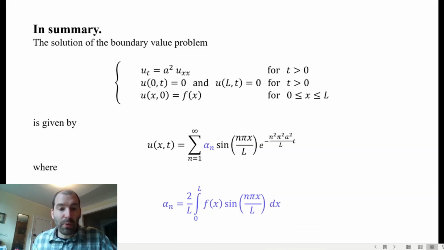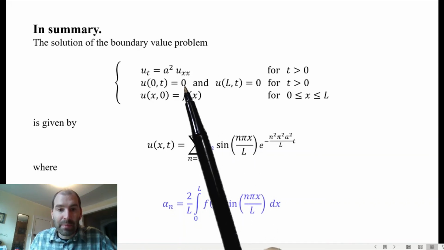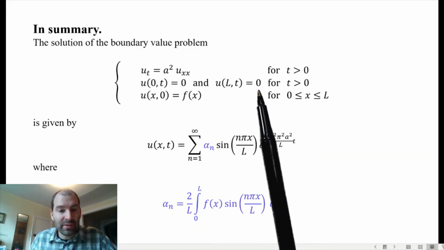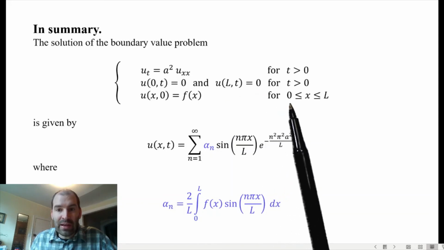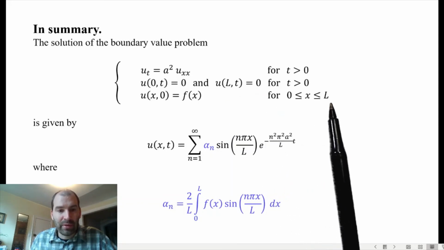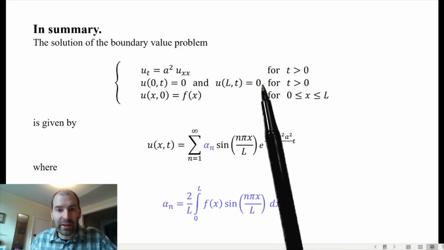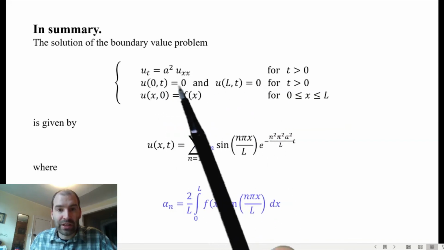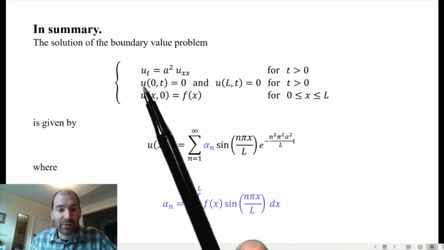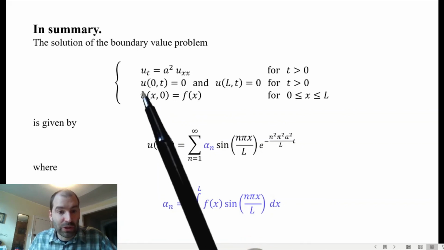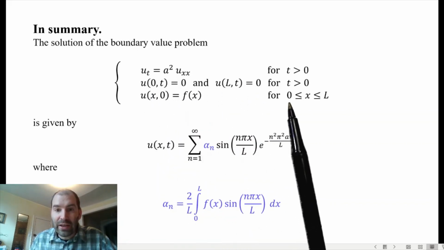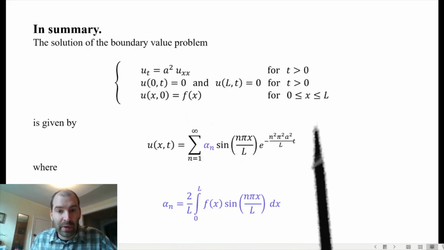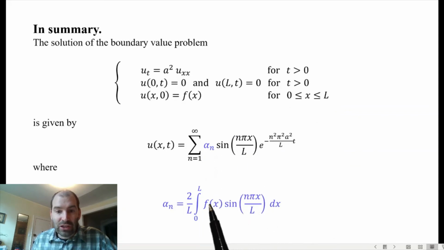Now, let me also point out that what you're seeing here is dependent on the boundary values and also the interval that we're working with. If you change the boundary conditions, we may not be just specifying the values of u, we might be specifying the derivatives of u. If you change these conditions and you change the interval, some of these things can change.